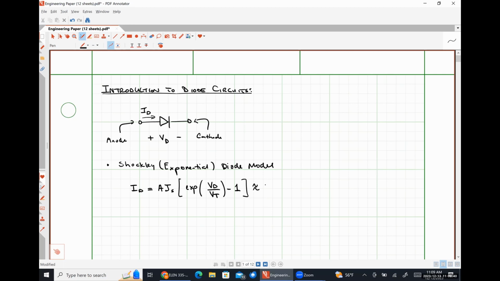which reduces to IS. So this is a parameter that we usually get on our data sheets.